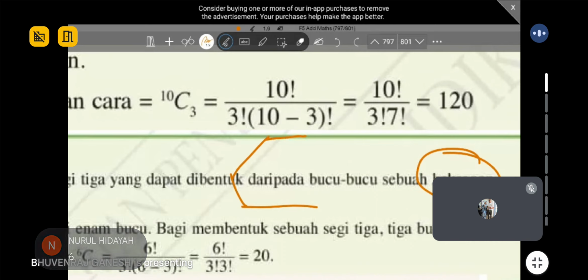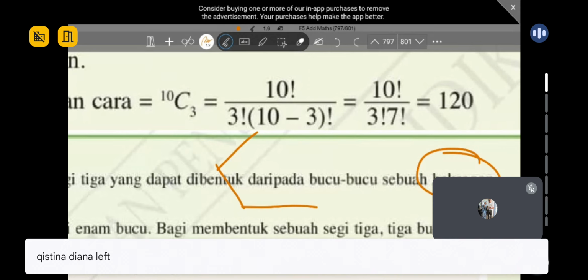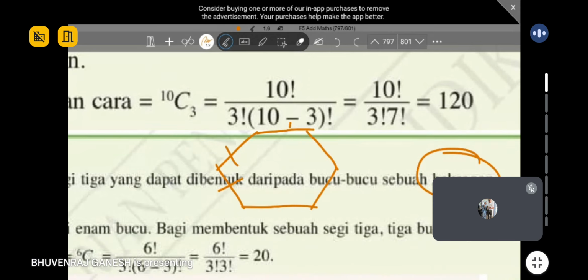1, 2, 3. Sorry. I think this is regular lah. Ini adalah hexagon sekata. Okay, so all the sides are the same. Okay, so 6 sides. Okay, so they ask you how many triangles. Okay, guys, triangle. Berapa vertex kita ada untuk segitiga? How many vertices we have for a triangle?